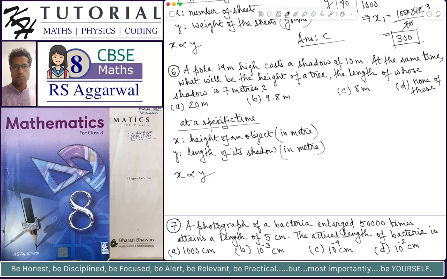The more the height of the object, the longer the length of its shadow. And as you know, when two quantities x and y vary directly, their ratio is a constant.